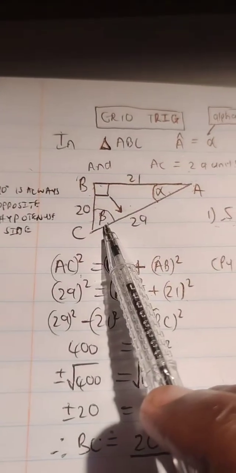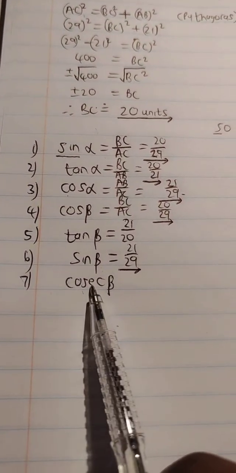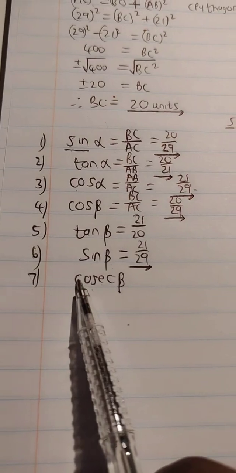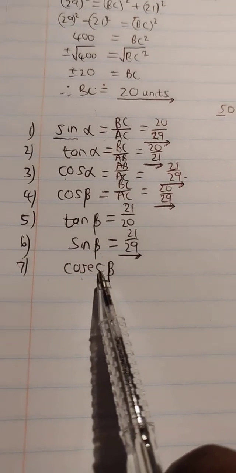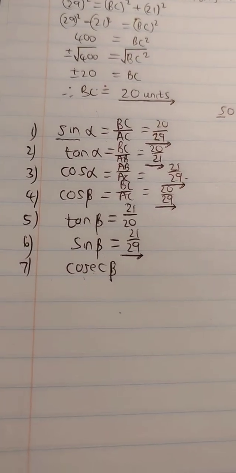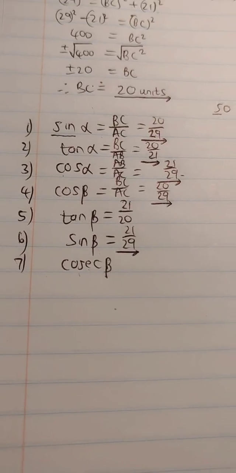Beta is here. Then, what is cosec? Cosec is what we refer to as the inverse or the reciprocal of sine. Cosec is equal to 1 over sine.